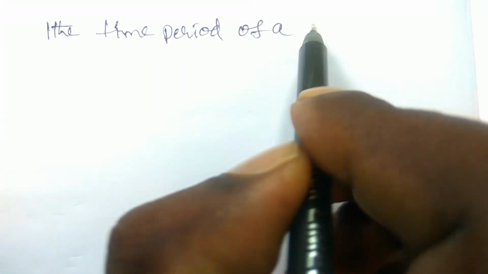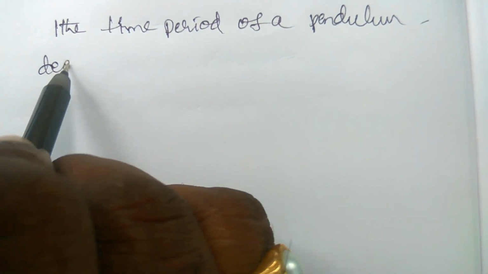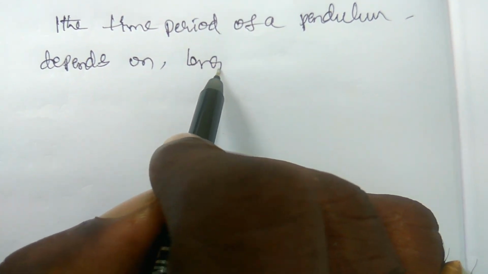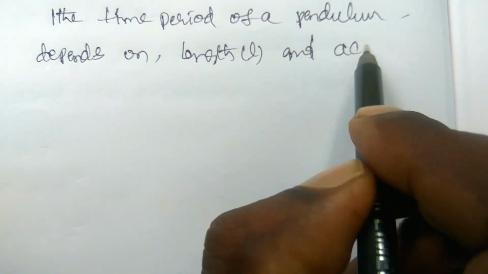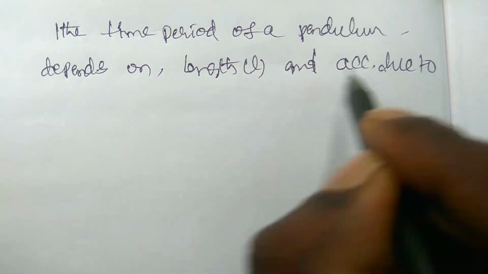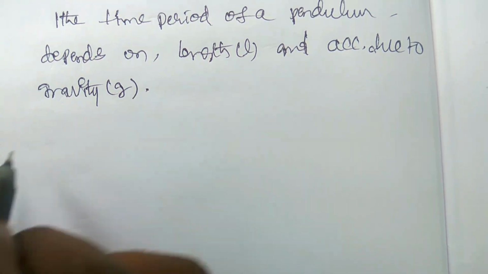One more, we have to find the time period of a pendulum. The time period of a pendulum depends on length and acceleration due to gravity, that is small g.